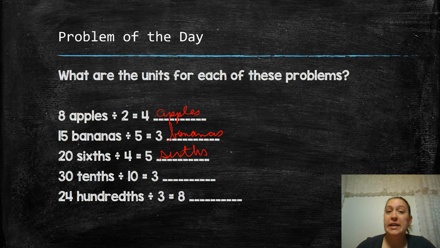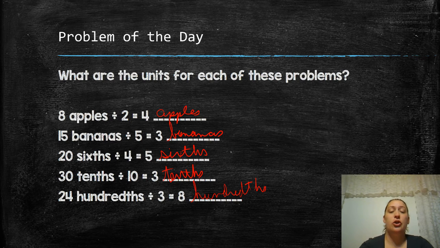If I take 30 tenths and divide them by 10, I still have what as my unit? I still have tenths. And if I have 24 hundredths divided by 3, I'm going to have 8 hundredths.